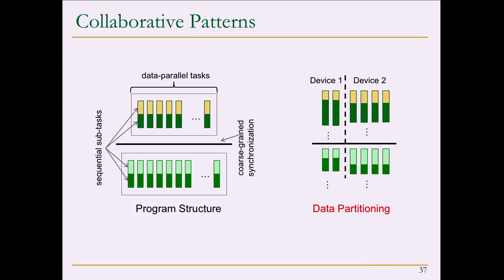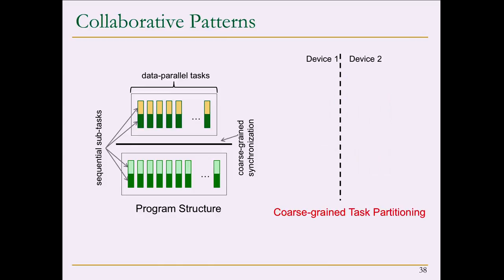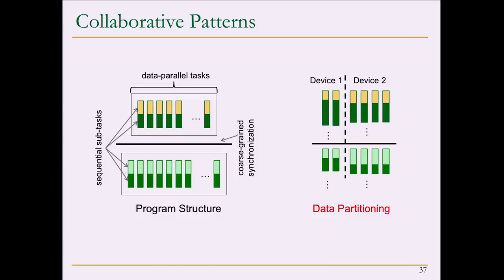So that's what we call data partitioning. Usually one thing we are going to do here is that depending on how powerful each of the devices is, we will assign more tasks to one device or to the other device. Okay? Is this possible in previous generations, or is this only possible in current architectures with these new features that I previously introduced?